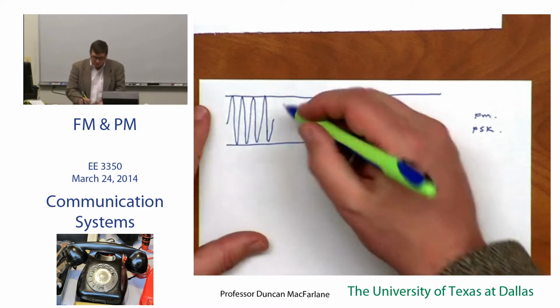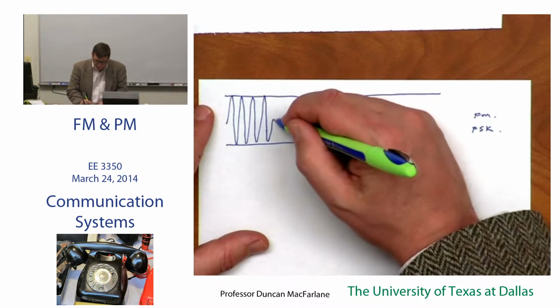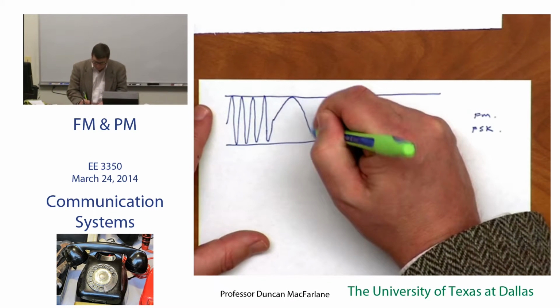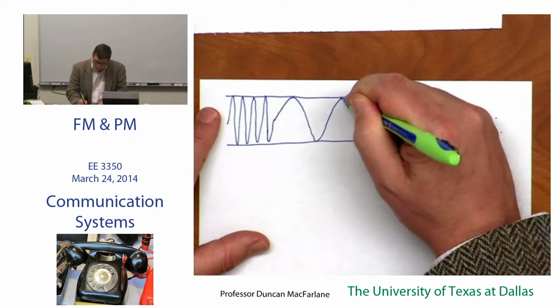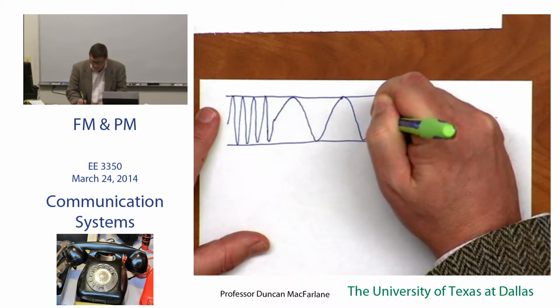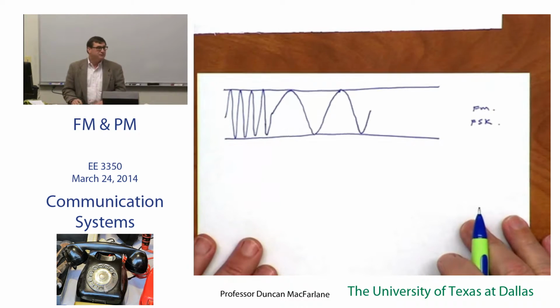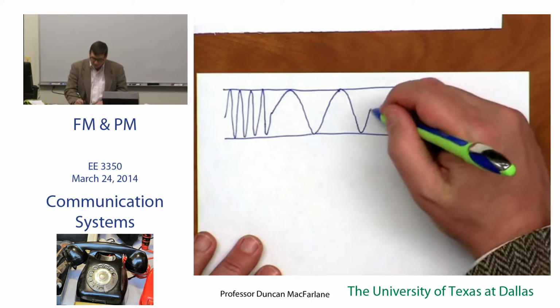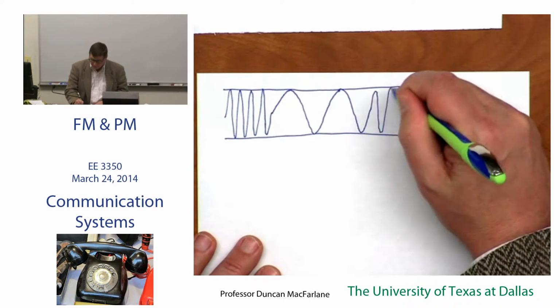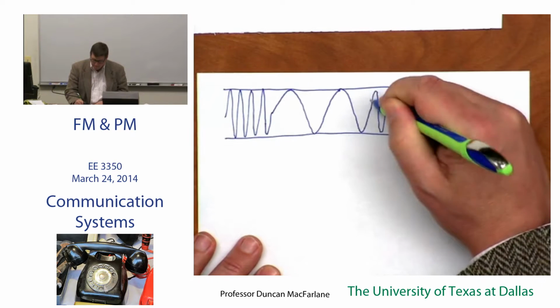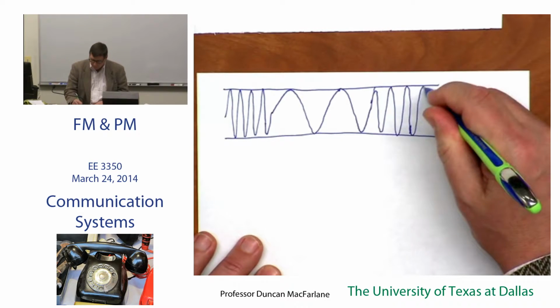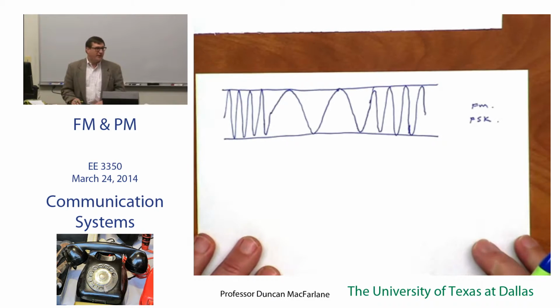And then I'll break and send another signal, a couple of cycles there, and then I'll switch back and send the high frequency for a period of time until you identify that.